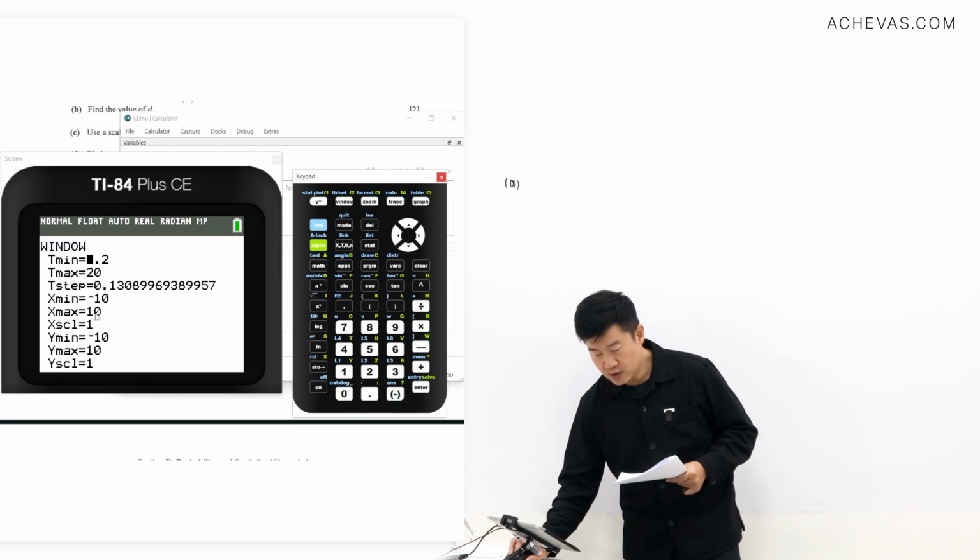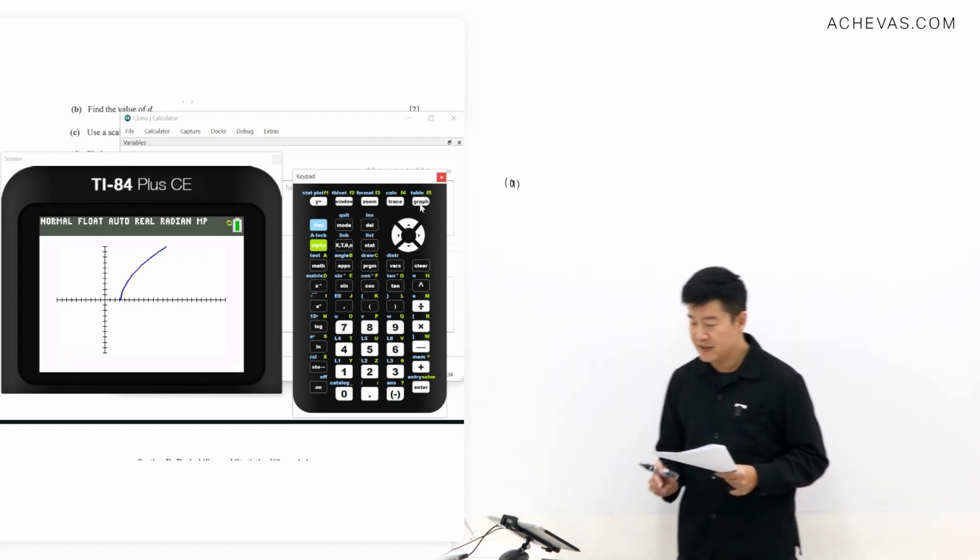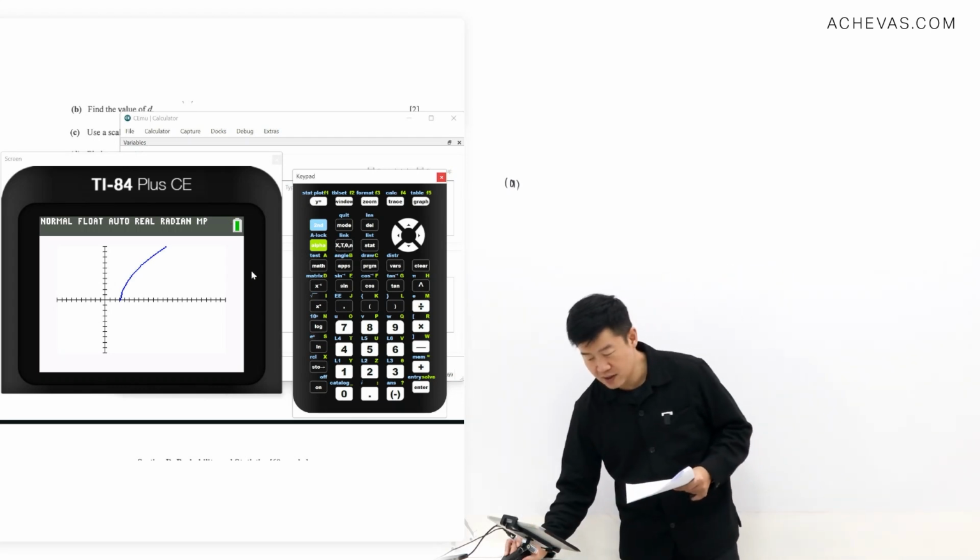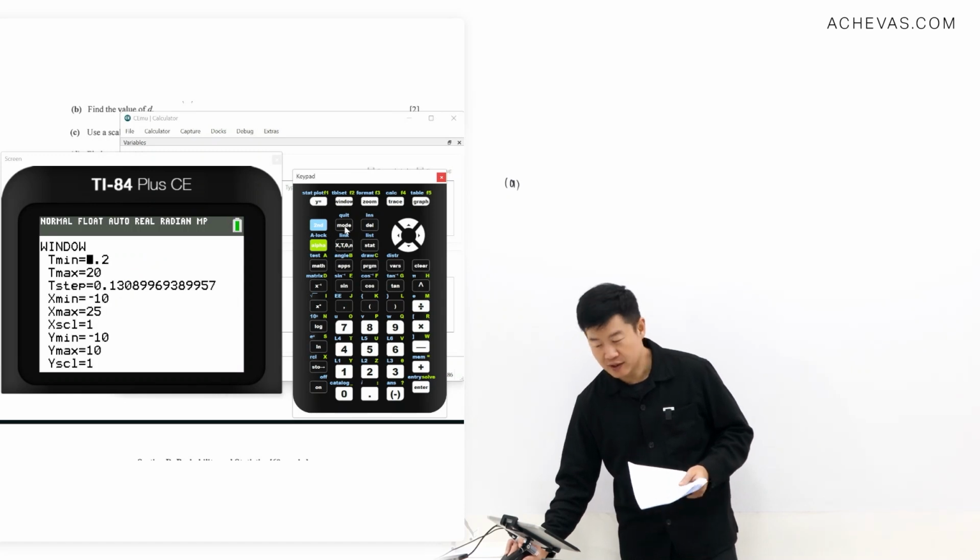So let me go to window. Let me extend this to, let's say, 25 so that I can have a better idea of how the graph looks like. So we see the graph as like this. Okay, it's going to go all the way until here. So I will probably need to look at what is happening here also to give me a better idea of how I'm going to be calculating the area.